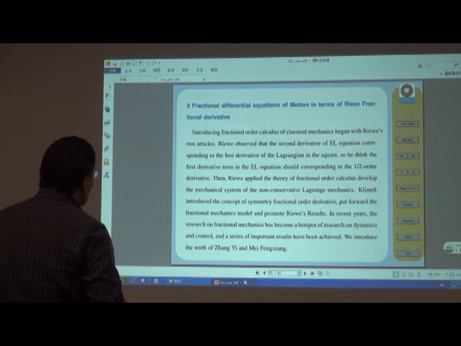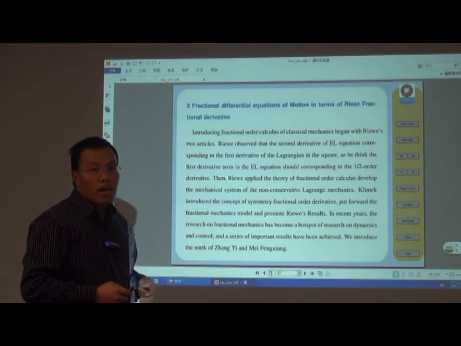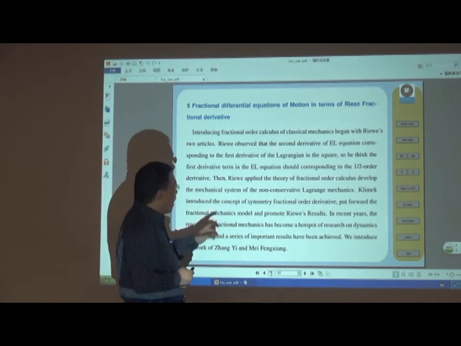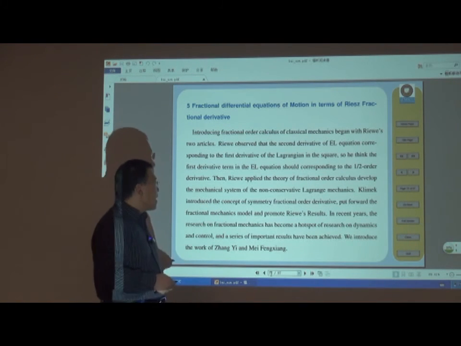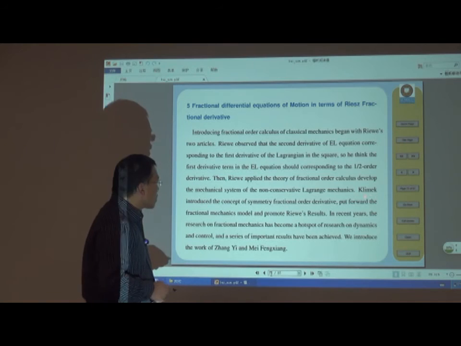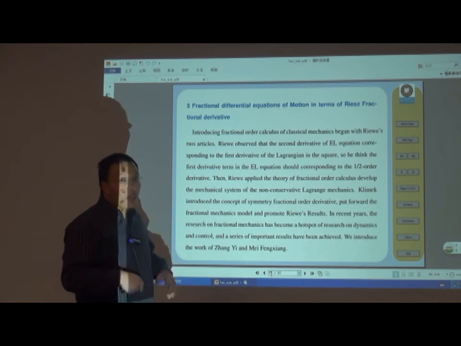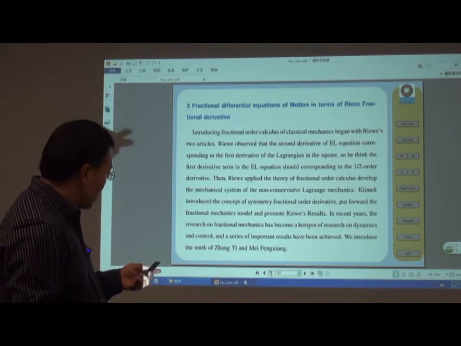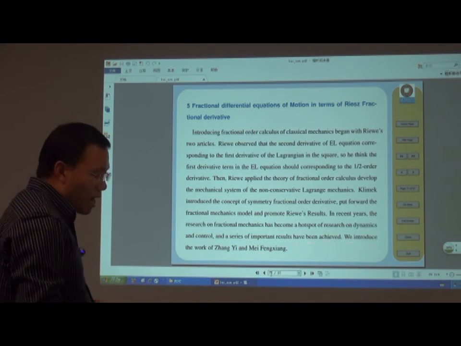In fact, in Riewe's articles there are some mistakes, but Riewe's idea is great. And lately, many authors like Professor Klimek and Agrawal, and me, etc., have given many studies about this.